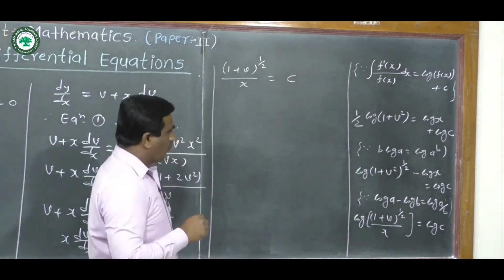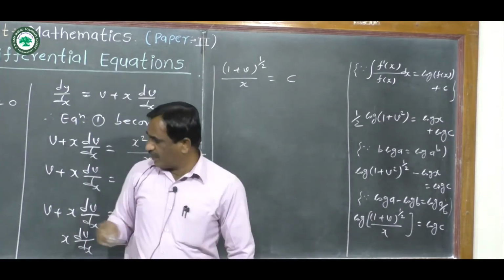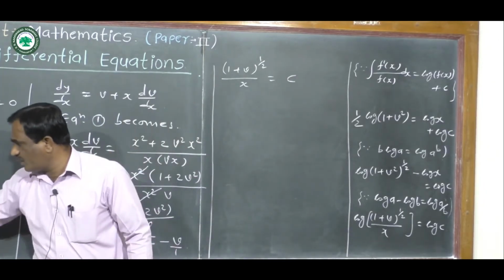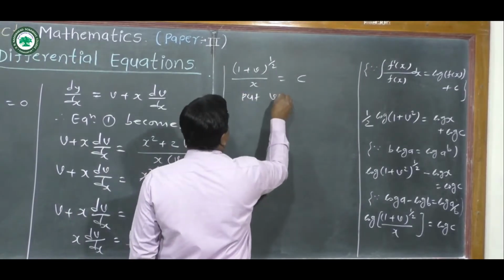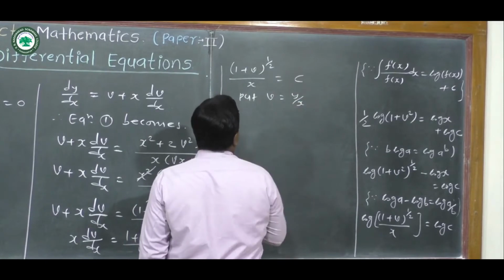Okay. Now we put value of v here. Here y is equal to v into x, therefore v equal to y upon x. Put v is equal to y upon x.